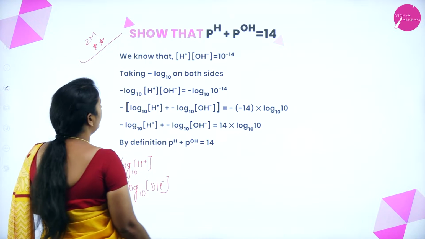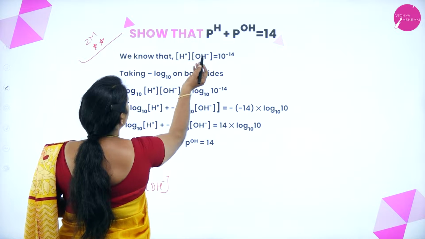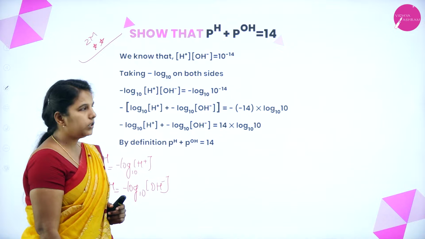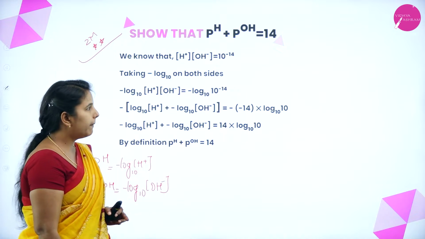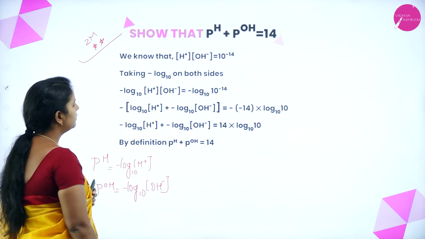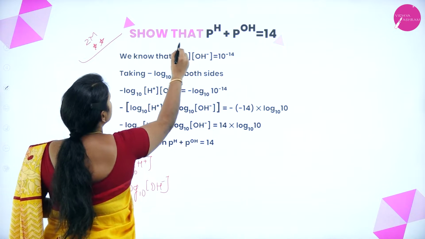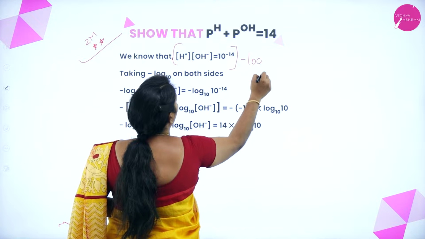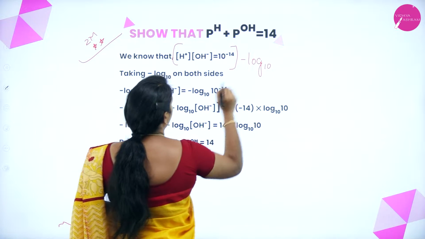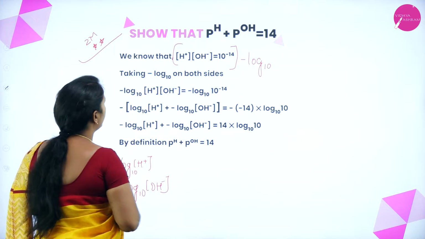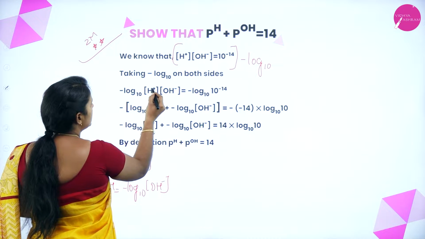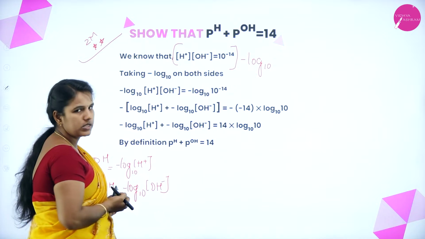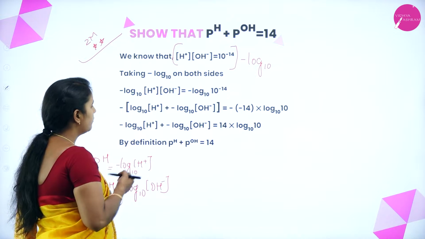Now, we know that the molar concentration of the H plus ion into the molar concentration of the OH minus ion is equal to 10 to the power of minus 14. Now I'll multiply this equation with the negative log to the base 10. So what will happen? Minus log of H plus ion into OH minus ion is equal to minus log base 10 to the power of minus 14.